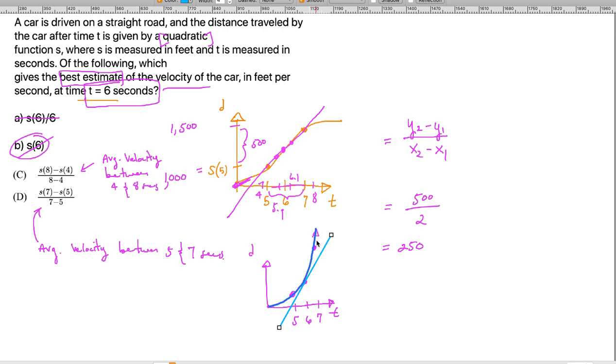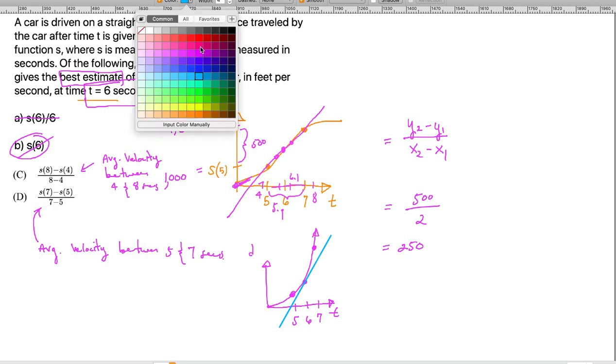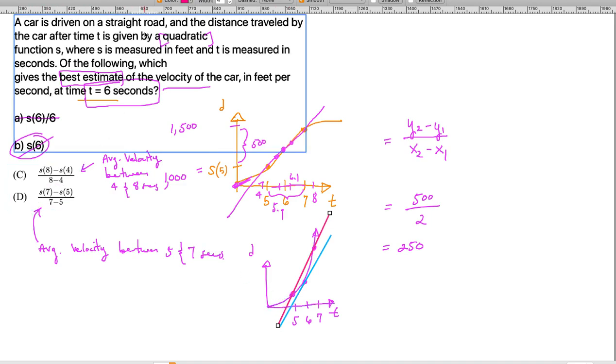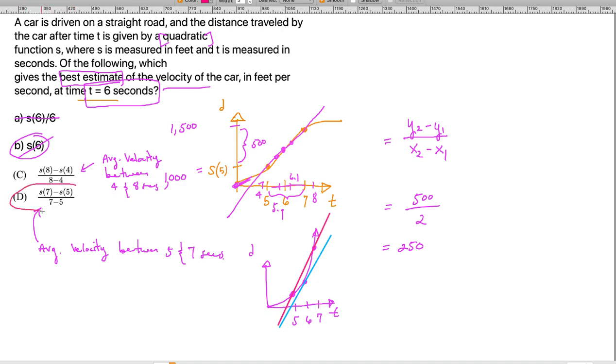The secant line joining these two points is as close to the tangent line as I can get with the choices I'm given. I compute the slope of that secant line, and it's this D choice right here. And that is your final answer.